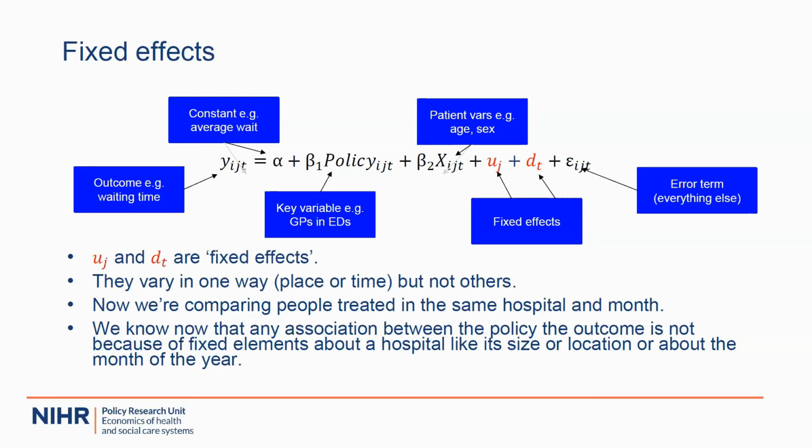So that means that we're essentially comparing patients who went to the same hospital in the same month. That's useful for us because the more similar the comparison is, the more similar the experience, the more likely that we can be confident about that relationship, which is still the one we're ultimately interested in, that beta 1 coefficient, the relationship between the policy, GPs and the emergency department, and outcomes, waiting time.